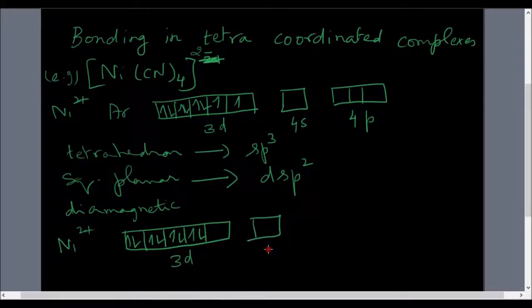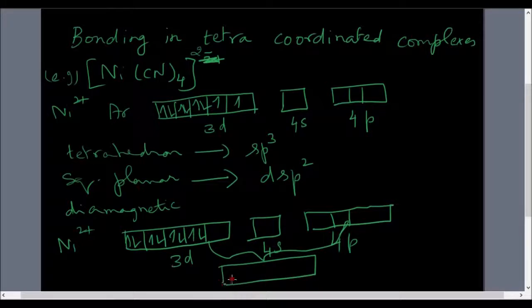With this we will combine with an empty 4s orbital and 2 of the 4p orbitals like this, and we will have 4 dsp2 hybrid orbitals. In these vacant orbitals, the electron pairs donated by the ligands are placed. This is how we discuss bonding in the tetra coordinated complexes.